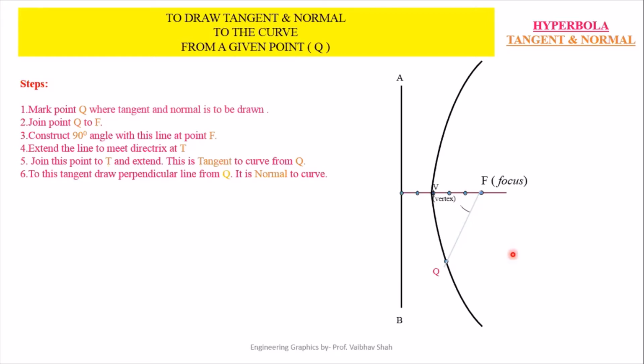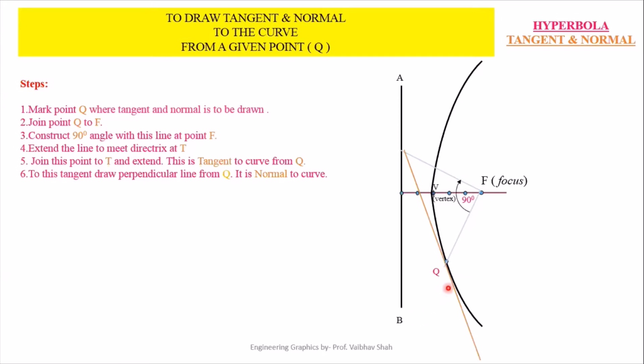So let us construct one 90-degree angle at your focal point. Now let us draw one line at this 90-degree angle, and this newly drawn line would intersect your directrix somewhere here. Now next step, you will just join this point on your directrix to your point Q and extend it. Then you will be having your tangent.